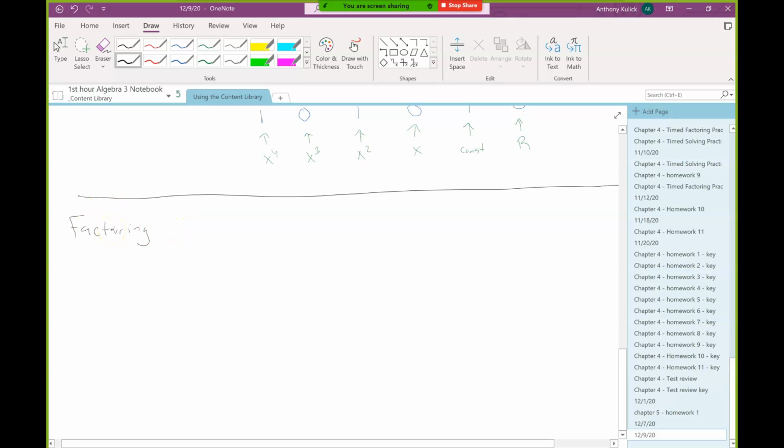So let's start talking about factoring. So we're going to talk about 3 kind of factoring techniques that we can use here.